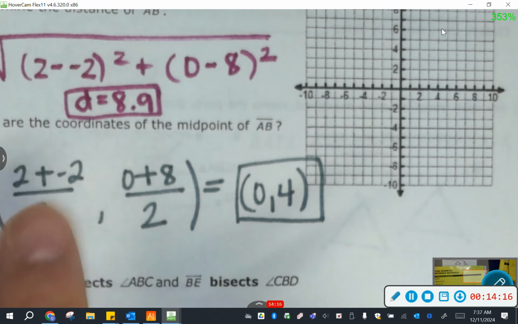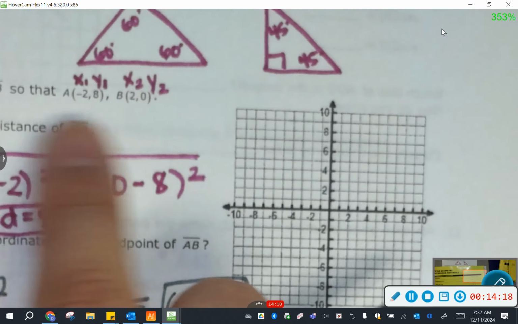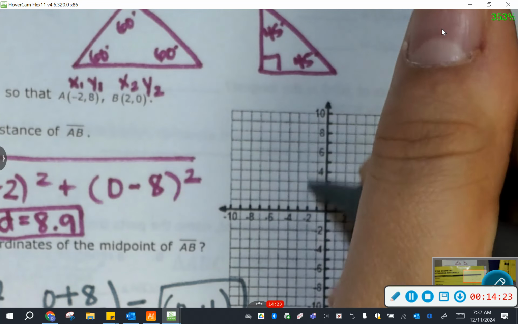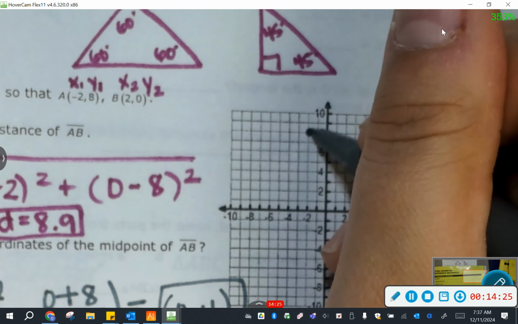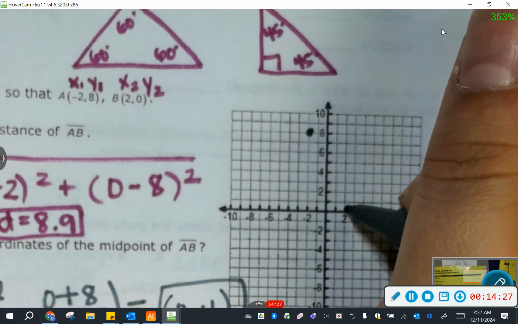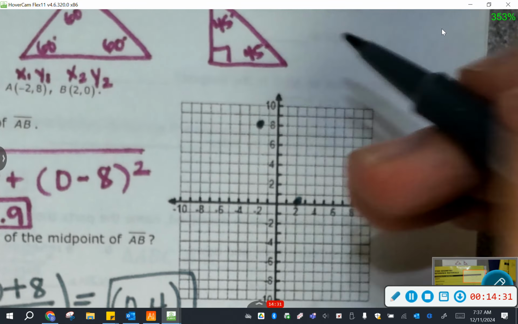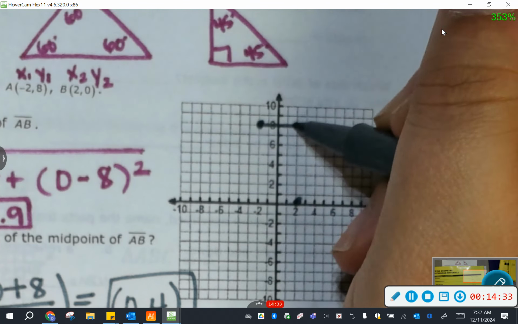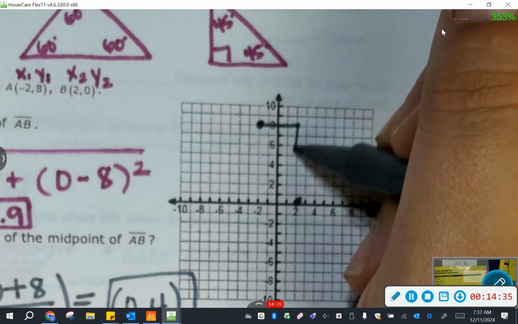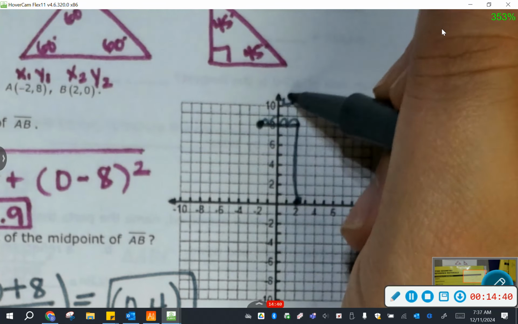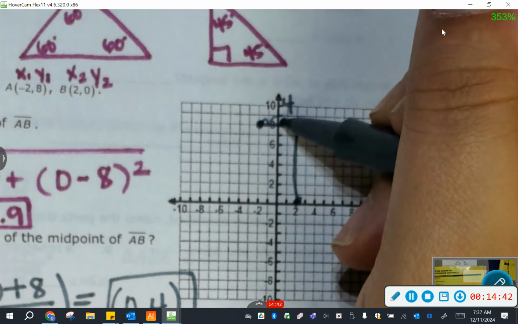If you did not want to use the formulas and you wanted to use the graph, you could have definitely plotted the points. Make sure you're strong at plotting points. And then remember, you can go rise over run and go halfway. So this is 1, 2, 3, 4.